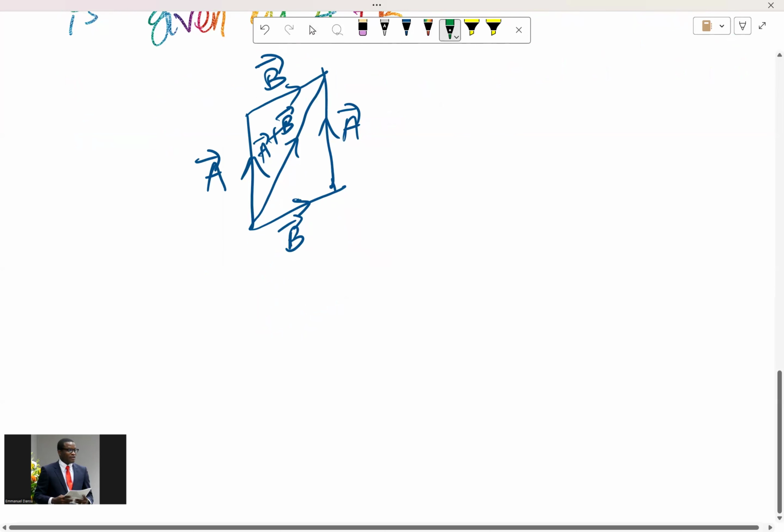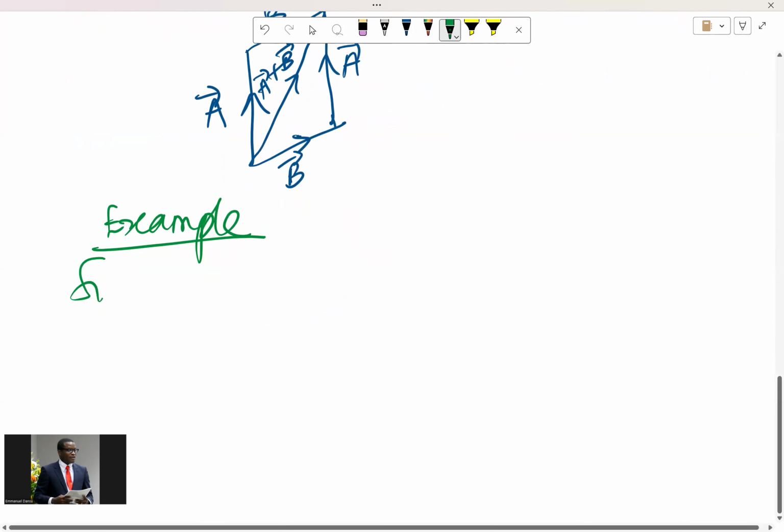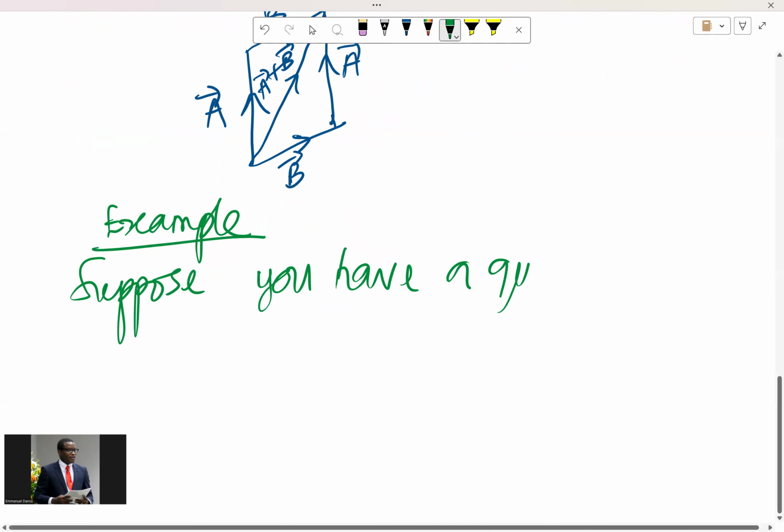So suppose you have a quadrilateral. A quadrilateral is a four-sided polygon, just like a triangle is a three-sided polygon.